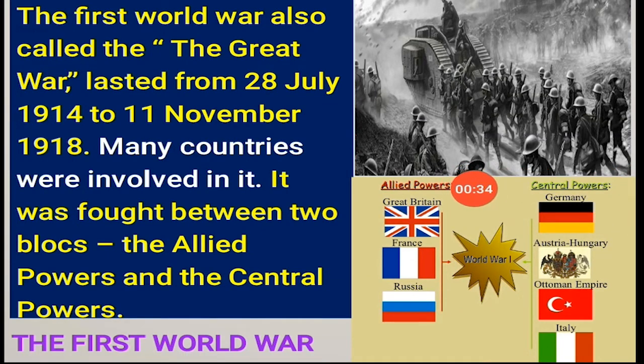In the Allied powers, Great Britain, France, and Russia were there, whereas in Central powers the participants were Germany, Austria-Hungary, Ottoman Empire, and Italy.